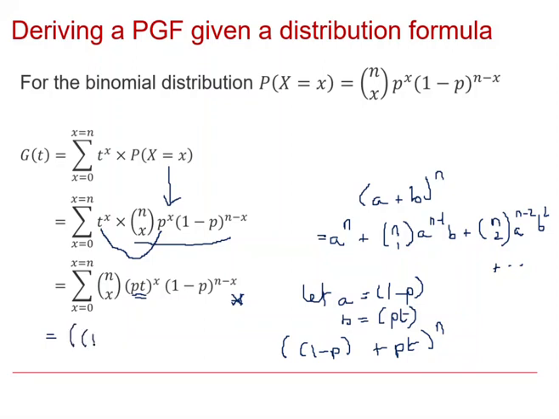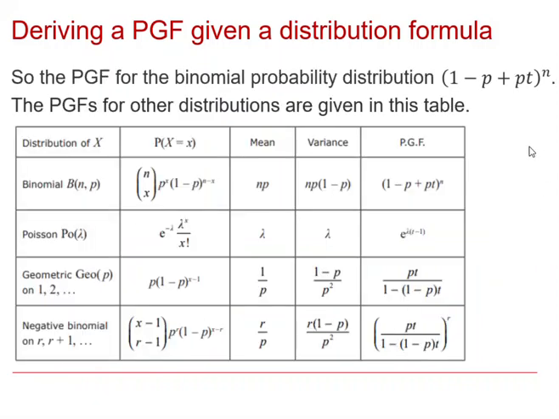So we now have obtained the fact that the probability generating function for the binomial can be written like that, and in fact normally those brackets are omitted, and so this is the version you'll find in the formula book. So the generating functions for the other distributions that are involved in this course are given in the formula book, and the table is repeated here for you.